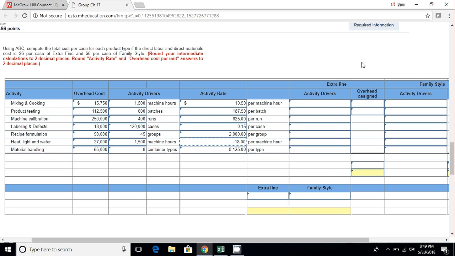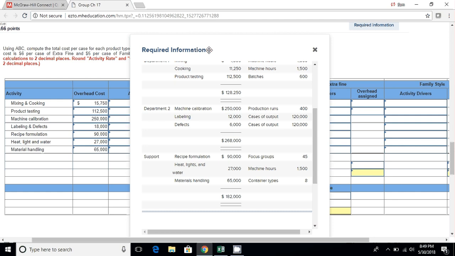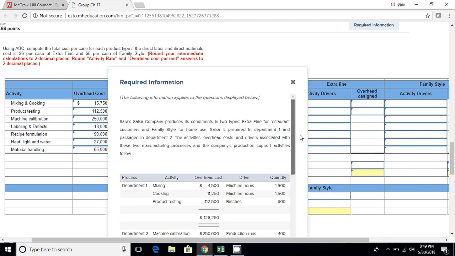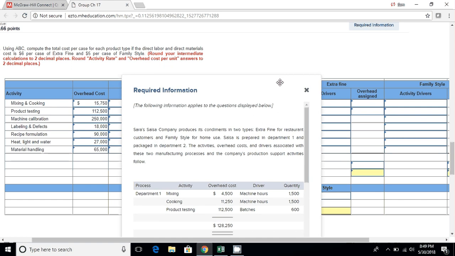Okay, well, that seemed pretty easy. And then we get over to where we need the activity drivers. Now we need to multiply this $10.50 back out by the activity driver for this group. What are they talking about here? We'll just pull up the required information again. Talking about the mixing and cooking, what is the activity driver that we're dealing with there?